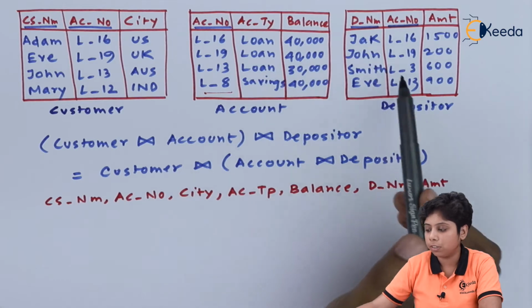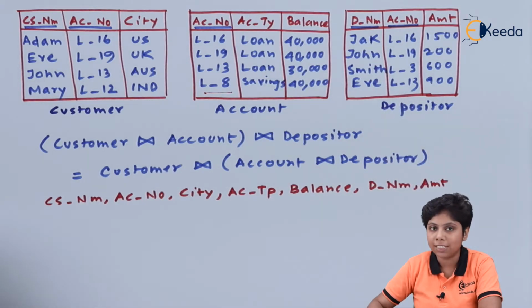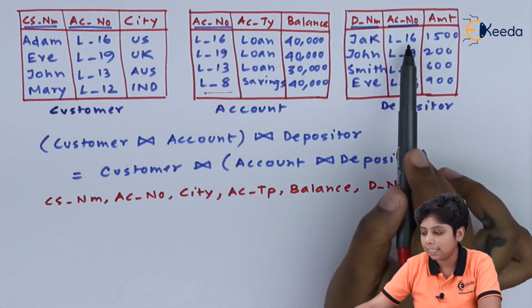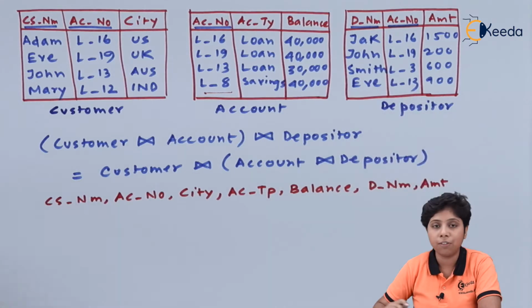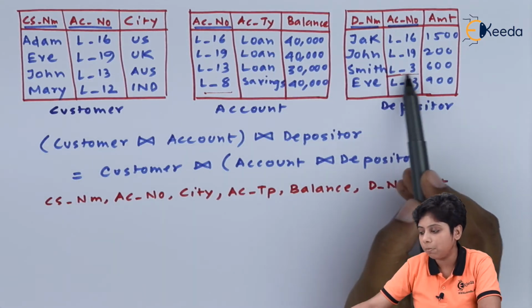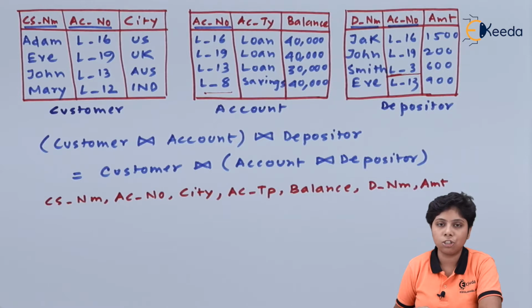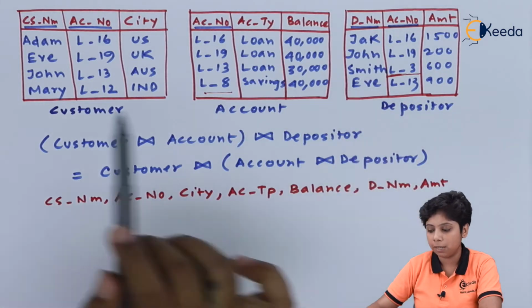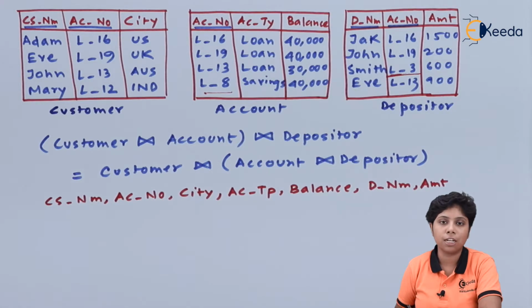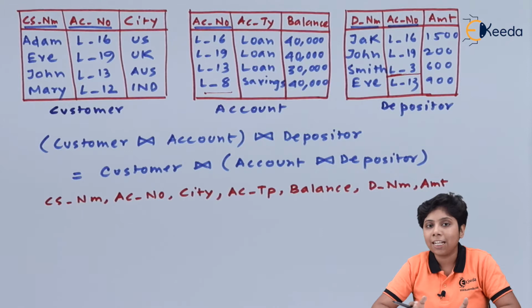Similarly, the depositor will be joined with this result, and then L16, L19 and L13 will be there, and L3 will be added in this natural join result because it is new, which has a depositor name but doesn't get a customer name in the result. So in this way we can natural join all the relations.